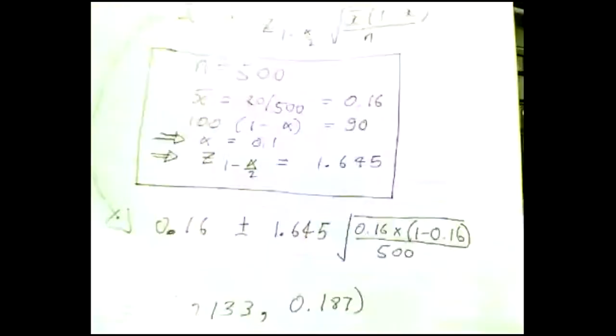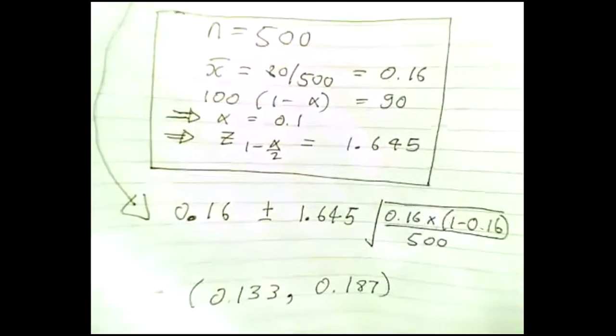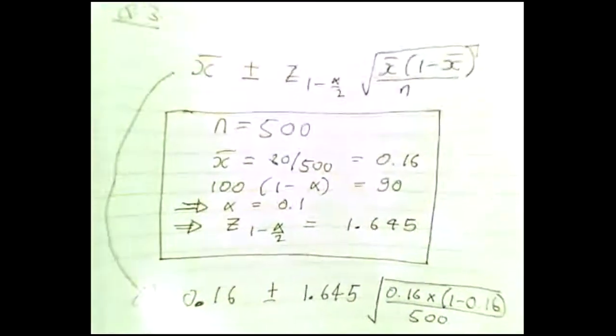If you work this out, you will get the lower limit to be 0.133 and the upper limit to be 0.187. So this is the 90% confidence interval for the proportion of households who have 3 or more television sets. All right, so this completes question 3.